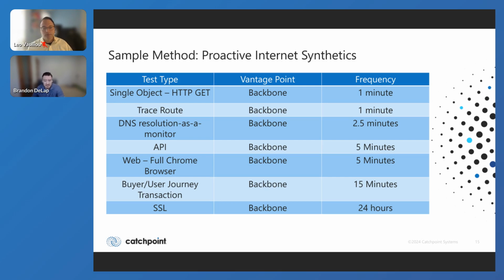By integrating such a suite into your own monitoring strategy, you can gain comprehensive visibility into your application's performance and availability, the DNS resolution, the TCP layer connectivity, the SSL certificate health, and the user transaction functionality. All of this to ensure a superior customer experience.